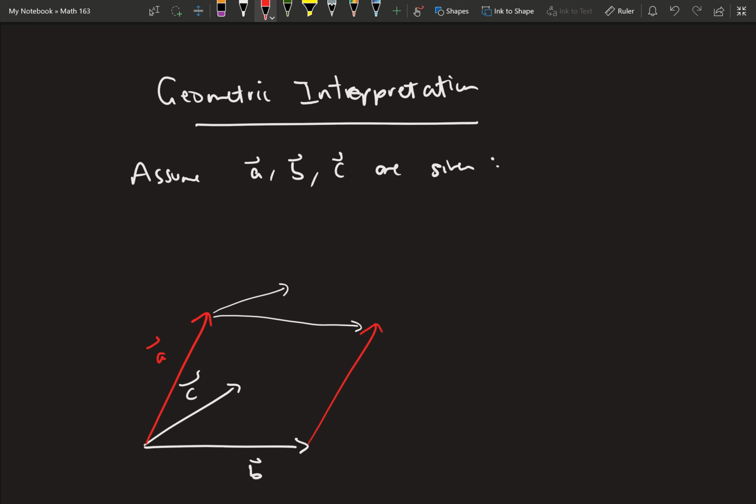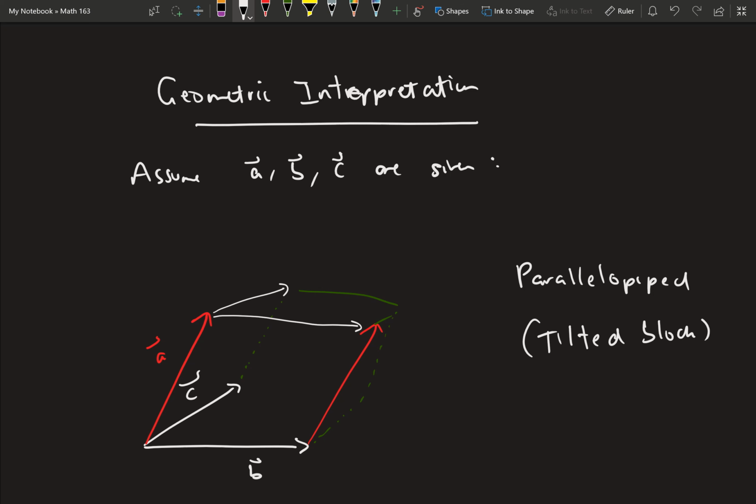And let me use green to dot the dotted portion. So this is called a parallelepiped. It's basically a tilted block, but we call it a parallelepiped.